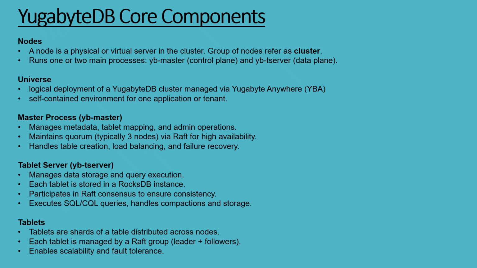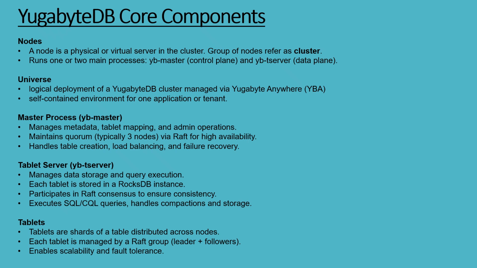It handles coordination and metadata management for the data nodes or tablet servers. So the other nodes, the data nodes and tablet servers, can focus on storing and processing the actual data rather than worrying about managing the metadata, where the tables should be, where the tablets should be, or how the routing should happen. All these things are taken care of by the YB-Master process.